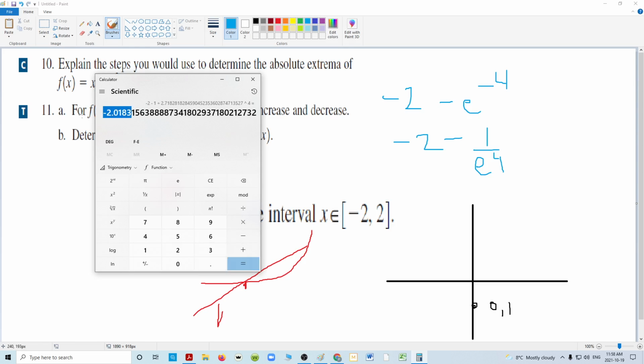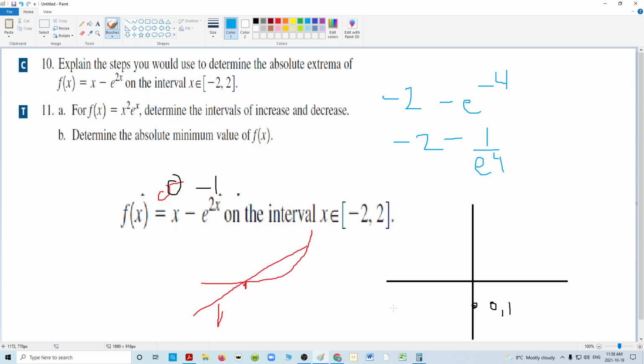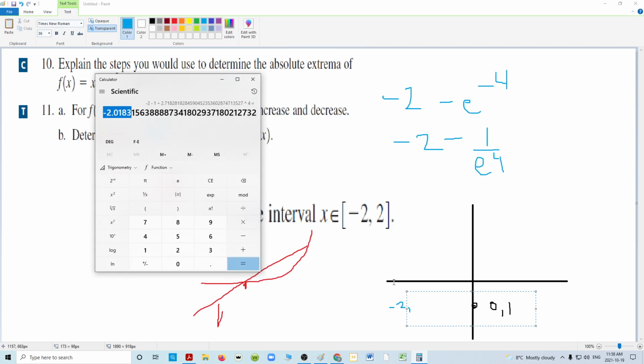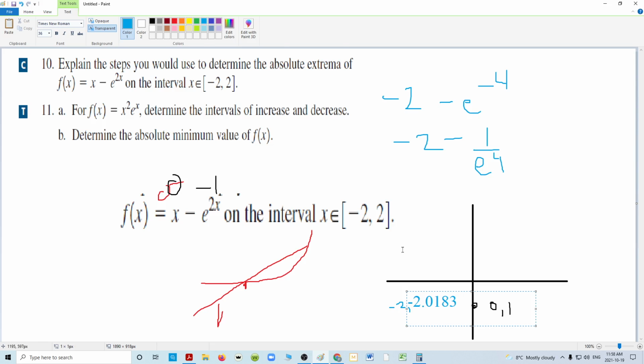And see, it only reduced the minus 2 by a tiny bit, which means we have here minus 2 comma as one of the points.